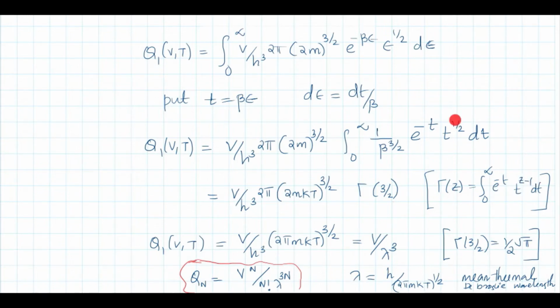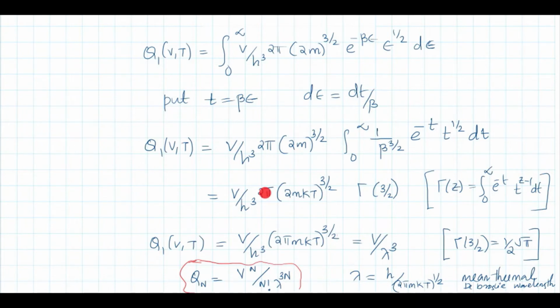Here you have t raised to half, that is, instead of z minus 1 you have half, so z is 3 by 2. So it is gamma 3 by 2. What is gamma 3 by 2? Gamma 3 by 2 is half gamma half, using the recurrence relation of the gamma function, and gamma half is root π. So this is simply root π divided by 2. So you will have a root π here. So that makes it (2π m kT) raised to 3 by 2.